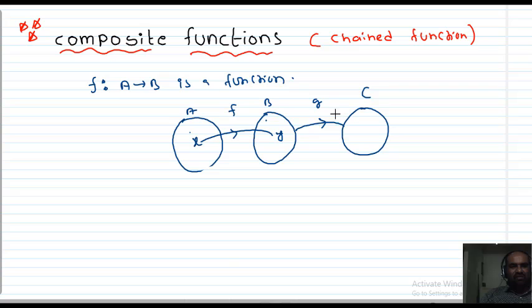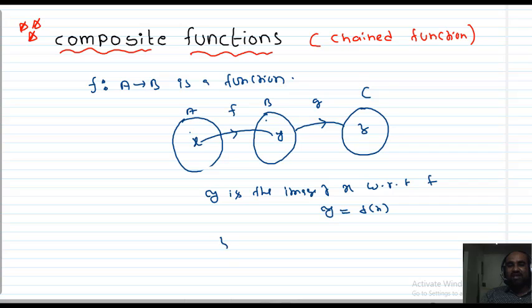Y is paired with Z, for example. How can I write what Y is? Y is the image of X with respect to F. How can I write it? Y equal to f of X. Next, what is Z, Nana?